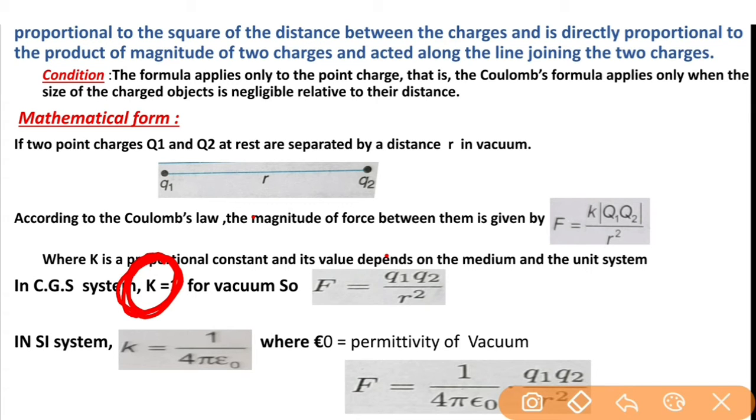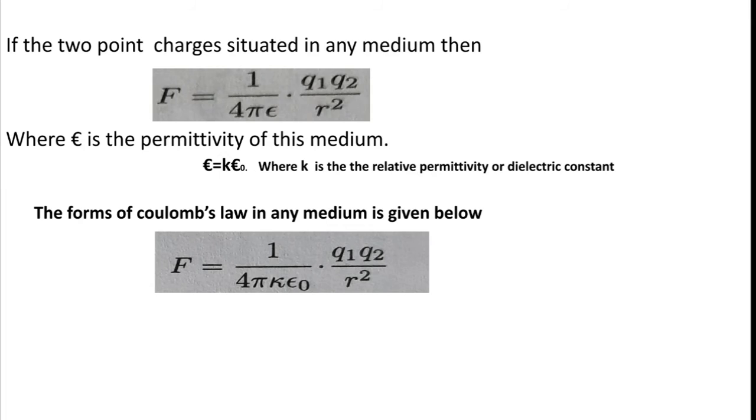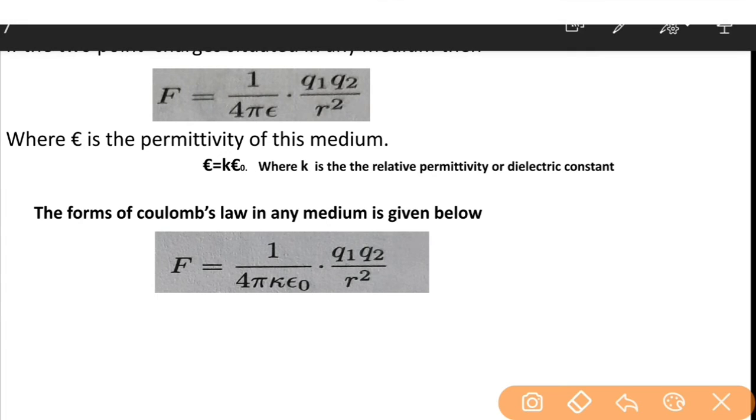This capital K is called the relative permittivity or the dielectric constant. We can also write epsilon equals epsilon r into epsilon naught.